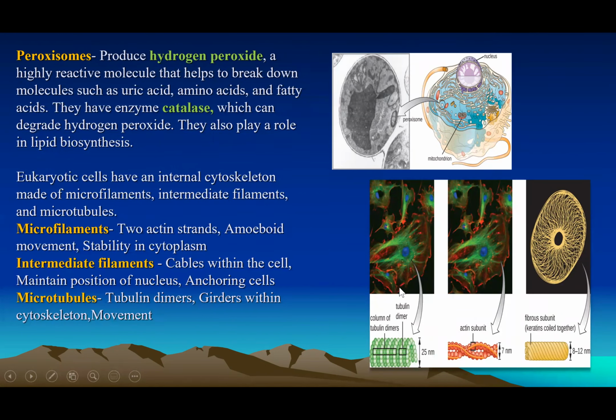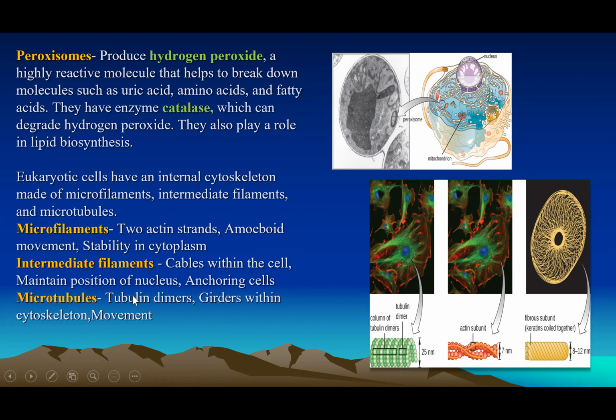So here by fluorescent microscopy, the cytoskeleton of the cell is lighting up. There are 3 of them. There are microfilaments, which are made of actin. They give stability to the cytoplasm. Intermediate filaments will maintain the position of the nucleus and also anchor cells. And microtubules are made up of tubulin protein dimers.